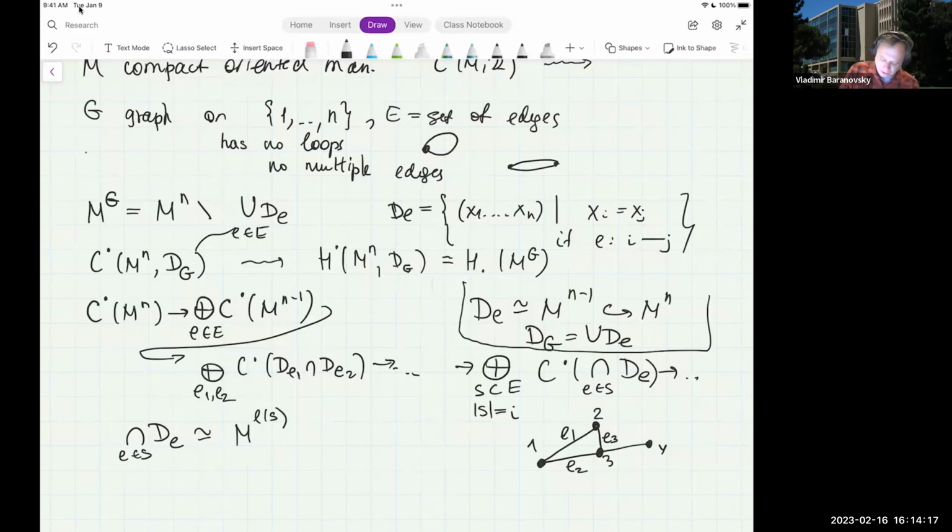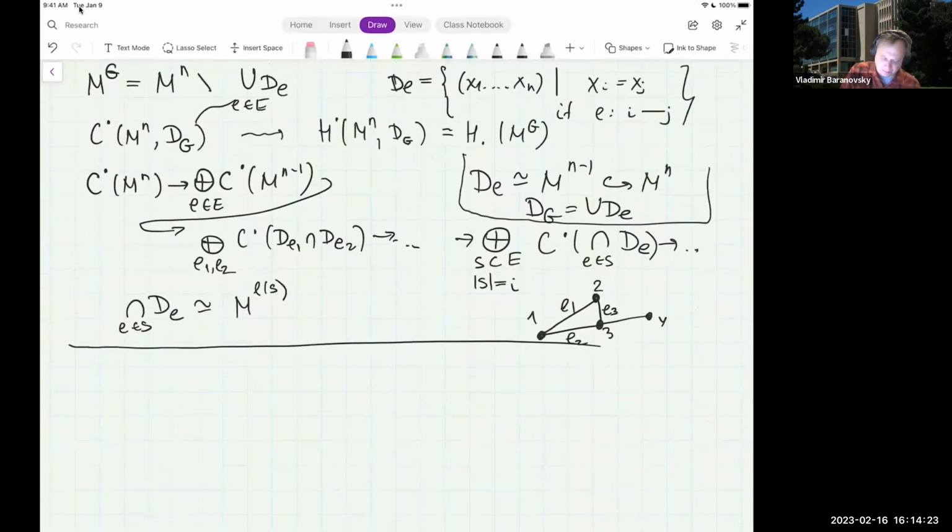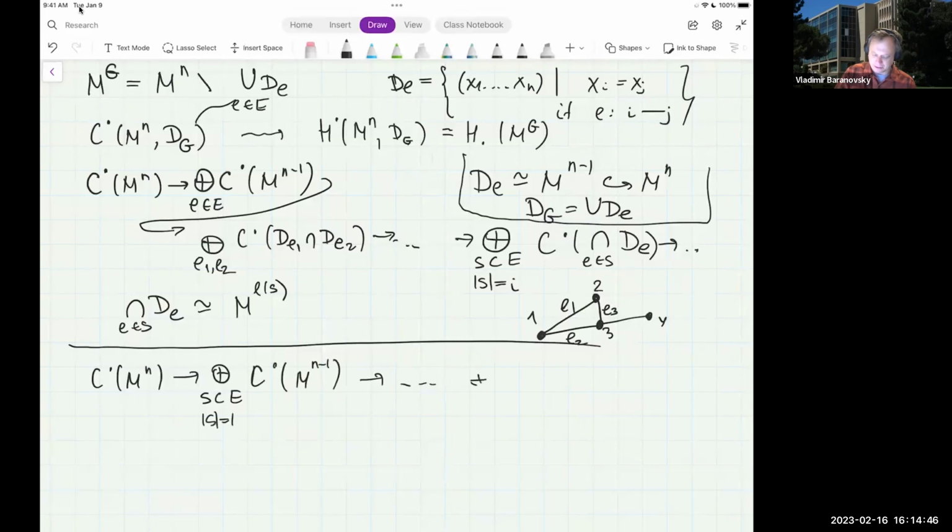Okay, so let me just rewrite the complex that we're getting that computes this relative cohomology. It starts again with C^n of M, and then it goes, let me just rewrite, as subsets of edges with cardinality equal to 1, and then there will be cochains on M. Well, it's n minus 1 at this step, but as we go along, as we reach step I, we will be looking at the subset S with I edges, and there will be cochains of M to the power L of S, right?